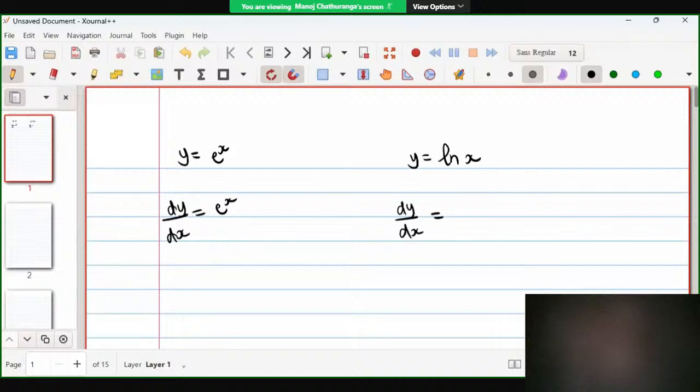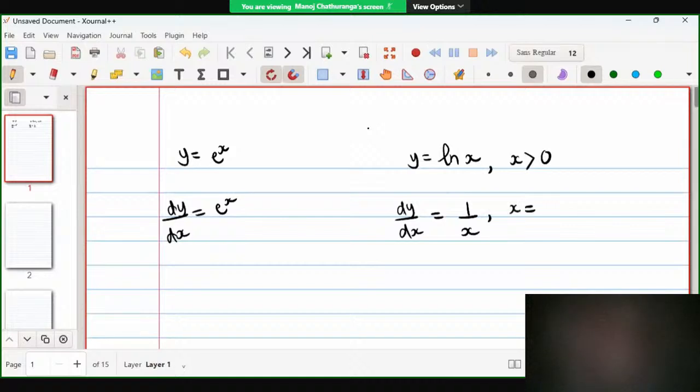Unfortunately, the derivative of natural log of x is not natural log of x. There is a very special property that is valid only for the exponential function. The derivative of natural log of x is 1 over x. Keep in mind that the domain for natural log is all positive x values.